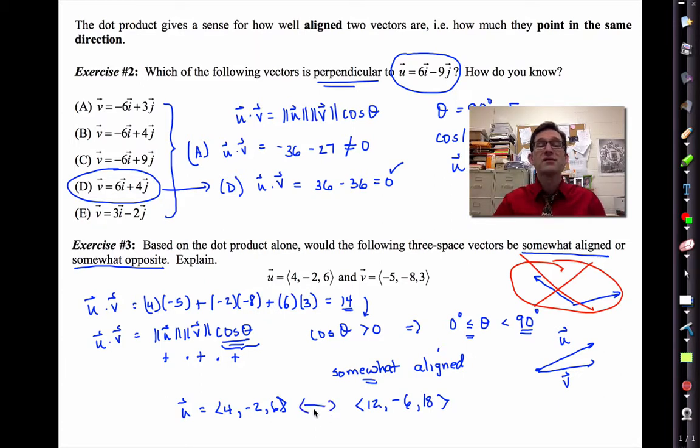They point in exactly the same direction because that second vector is the first vector stretched out by a factor of 3. That's clearly not the case here. So I'm going to clear all this text out. Make sure to really think about this and write it down.